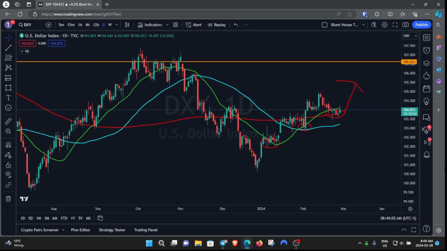I don't know. Maybe that's true. Maybe it's not. At the end of the day, I don't care. All that matters to me is what's happening on the chart. And this chart says that the US dollar is and has been moving higher, while Bitcoin was doing the same. So the narrative is irrelevant. The only thing that matters is price on a chart.